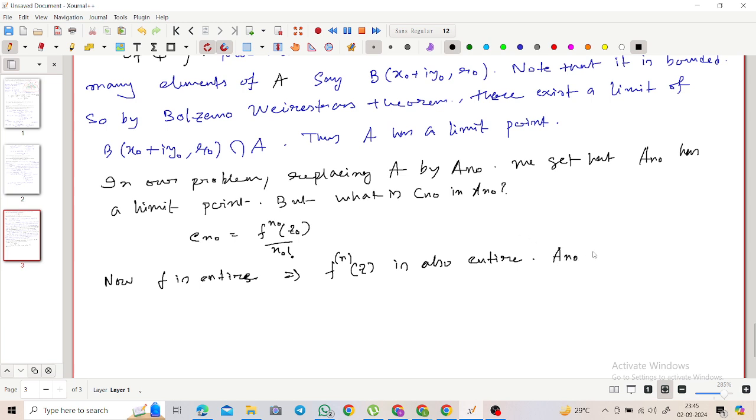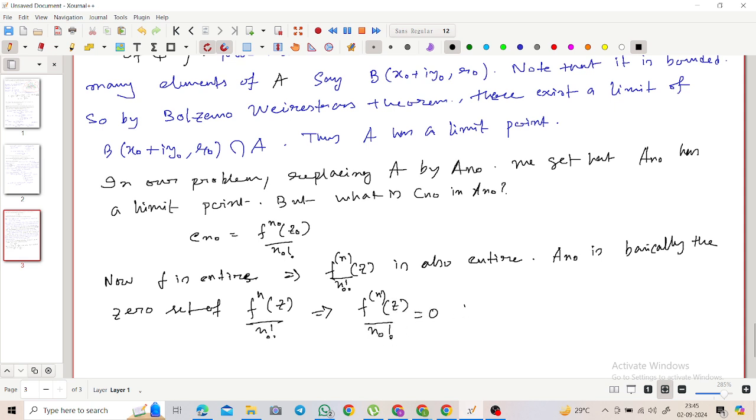And A n naught is basically the zero set of f to the n naught (z) by n naught factorial, right? This implies f to the n naught (z) by n naught factorial is 0 for all z belongs to C, as A n naught has a limit point, right?